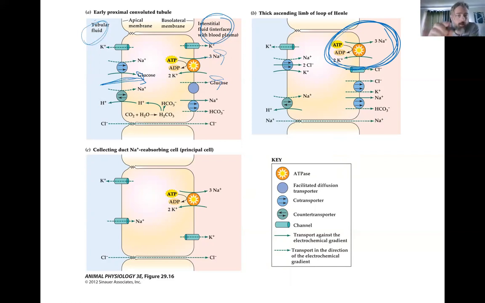Now, there are other things that are going to go with that, kind of passively along those lines. We're going to bring chloride with us, or potassium with us, and salt, and all those other things that go with that. Really, the big key is the pumping out of salt, removing it from that filtrate, making the filtrate more dilute. We'll fix that later in the descending limb and the collecting duct, but making that interstitial fluid as salty as possible.